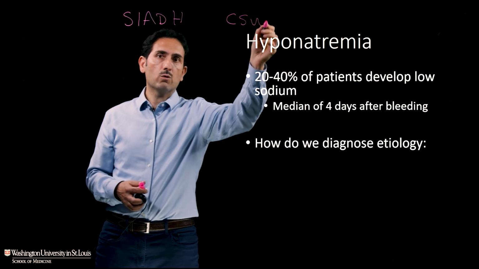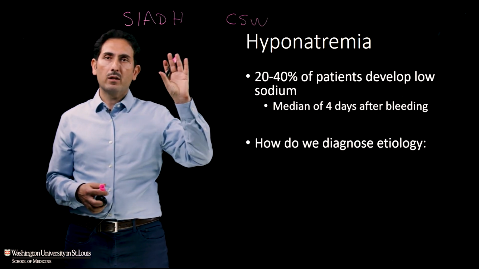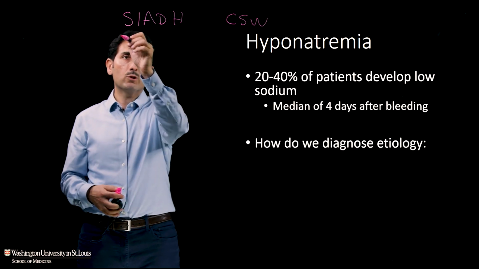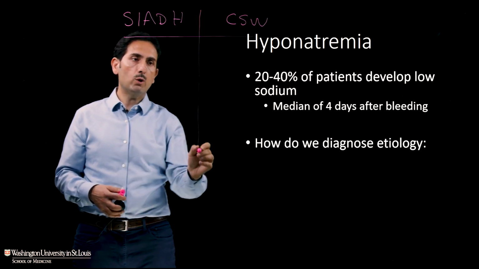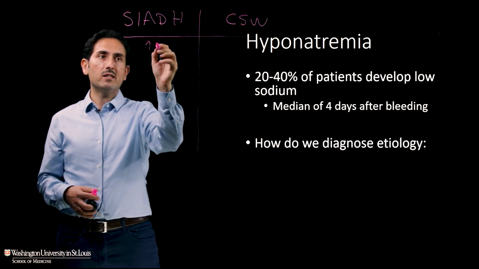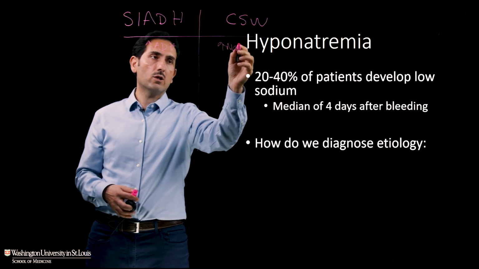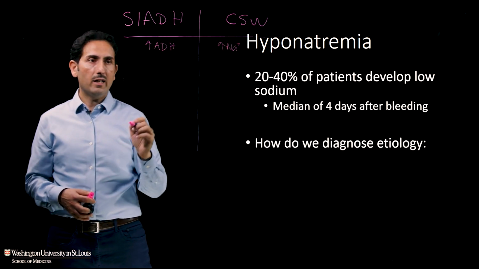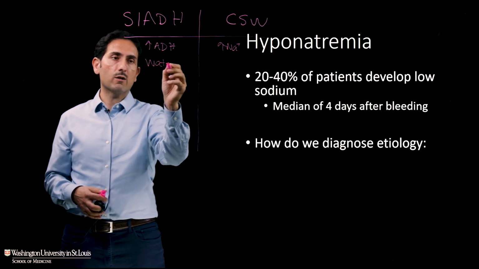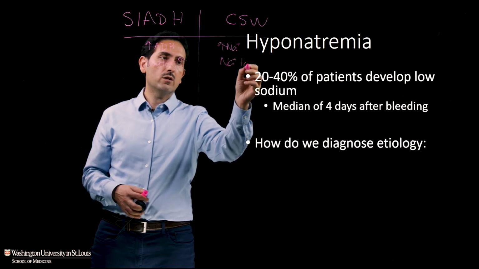The other disorder is cerebral salt wasting, which is release by the brain of natriuretic peptides, which basically affect your kidney and make you release salt. And so these both cause low sodium. One, fundamentally, is more ADH. The other is more salt wasting or salt excretion. And what does it cause? Well, SIADH causes water retention because it's antidiuretic, and cerebral salt wasting causes salt loss.